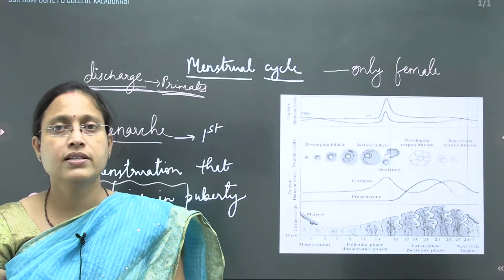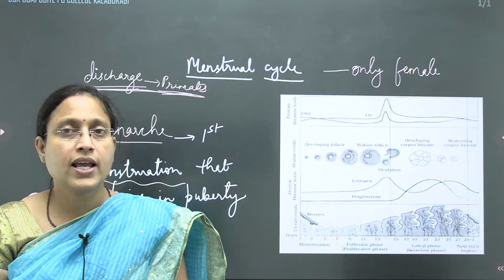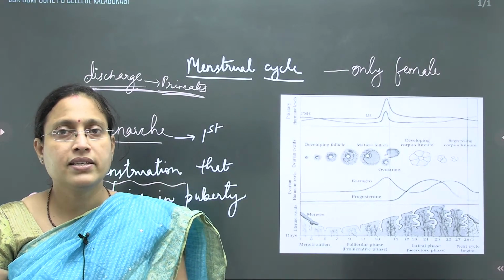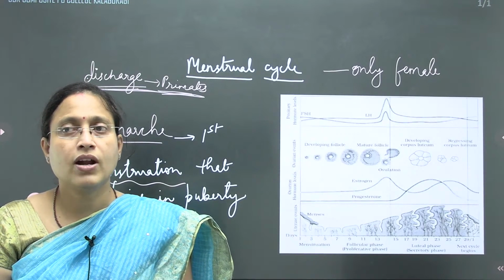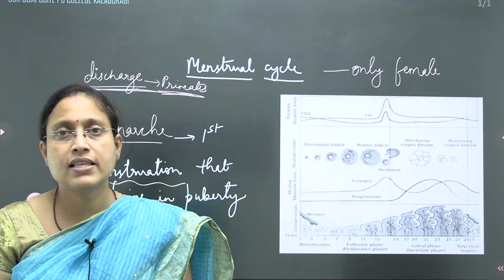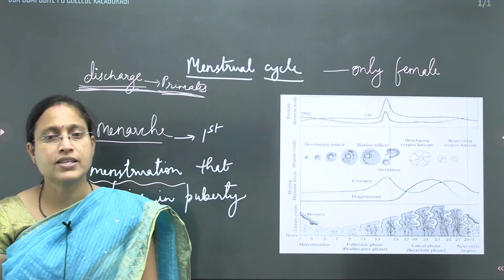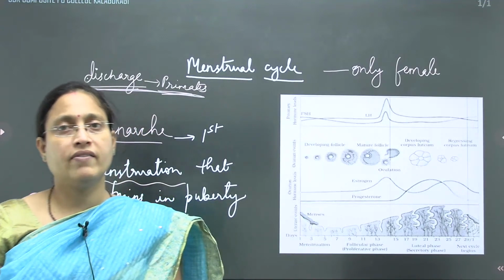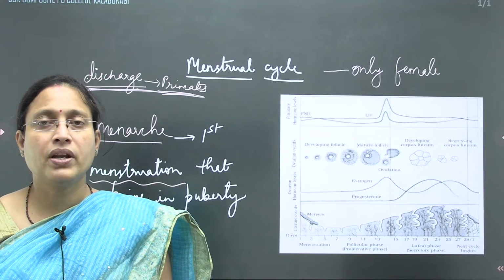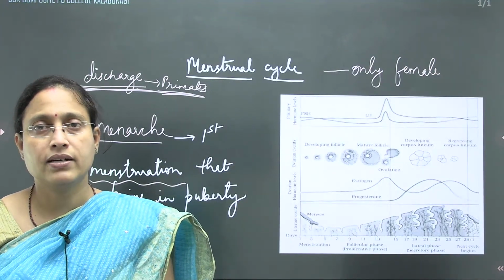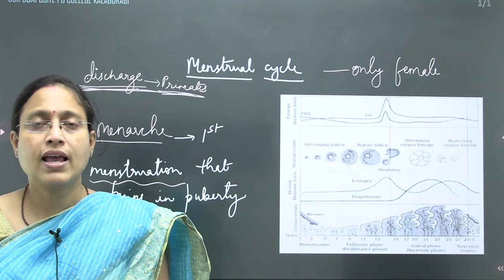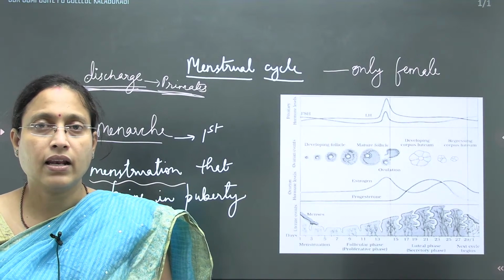Then how is it characterized? In non-primates, it is characterized by the phase called the period of heat, where the body temperature also increases and certain hormonal levels increase. Or it is called the estrus period, and this cycle is called the estrus cycle.